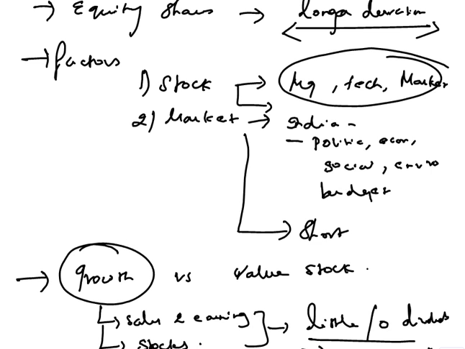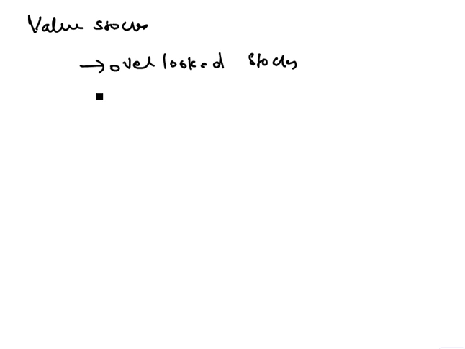But value stock, what are value stocks? Value stocks are overlooked stocks. Overlook means who is overlooking? Investors overlook these stocks. That means they have some hidden value which is not being assessed perfectly by the Indian investors. Maybe they are beaten down in price because of some bad event. Maybe the industry is not looking attractive to many investors.